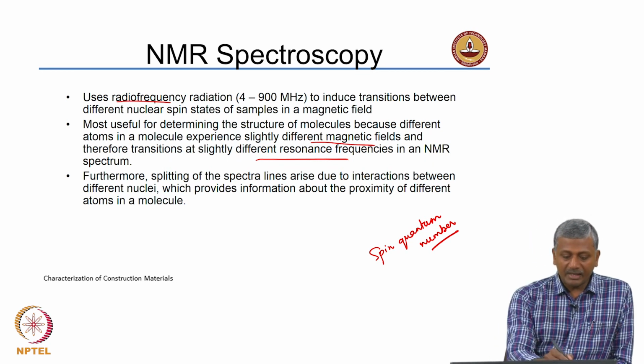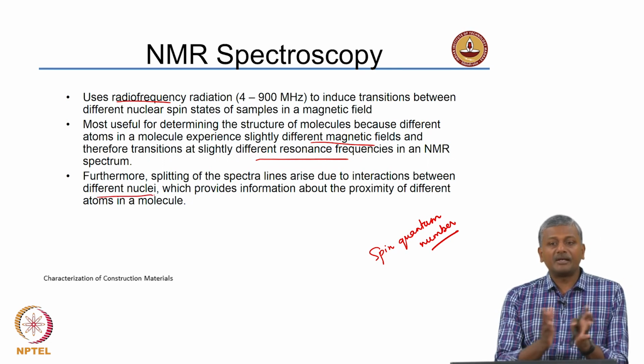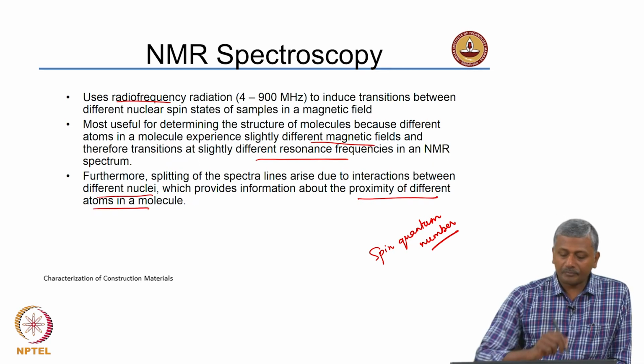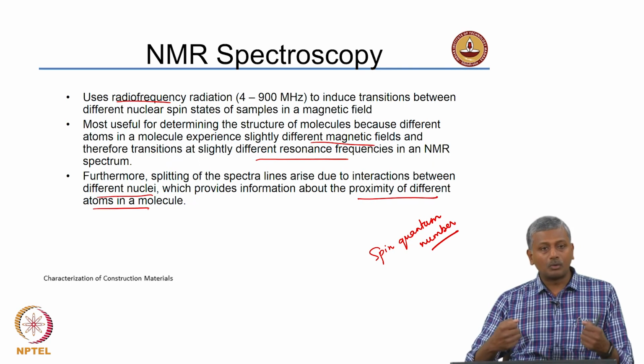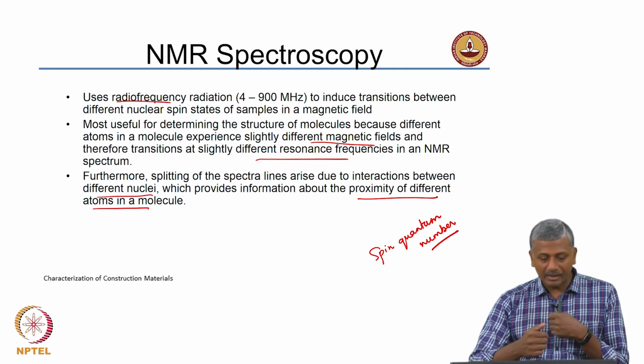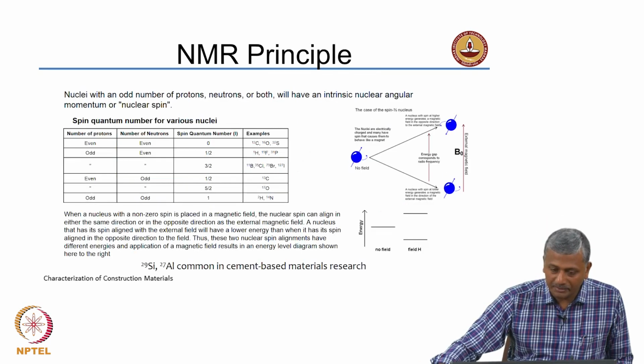Again, if there are interactions happening between different nuclei, there will be splitting of the spectral lines, and that will give you information about how close the atoms are in a molecule. I will show you examples of what happens in all these cases in just a minute.